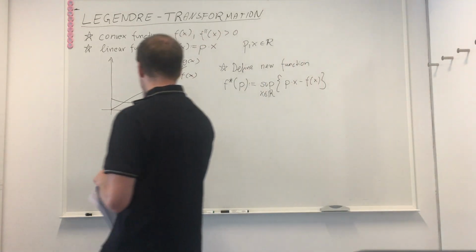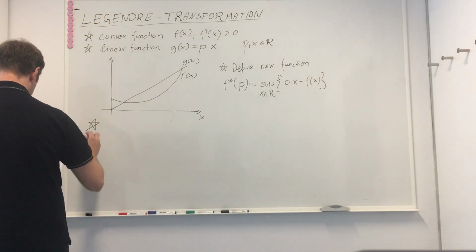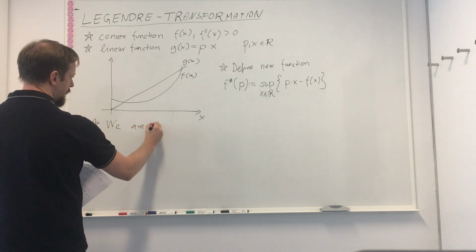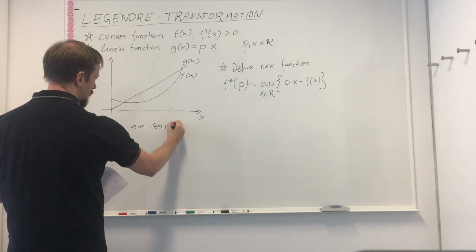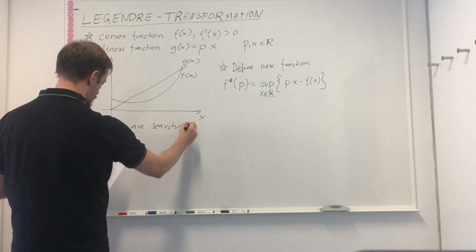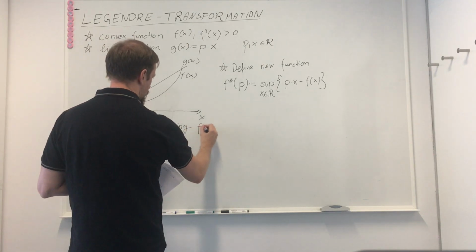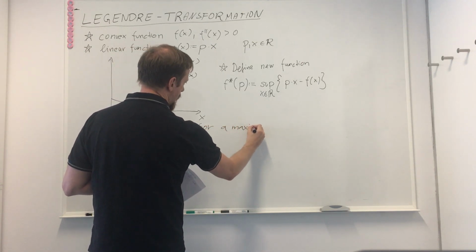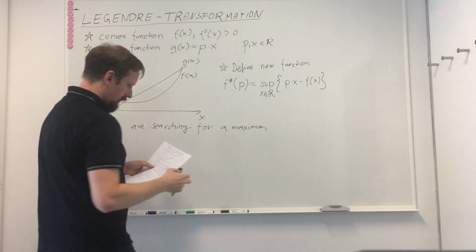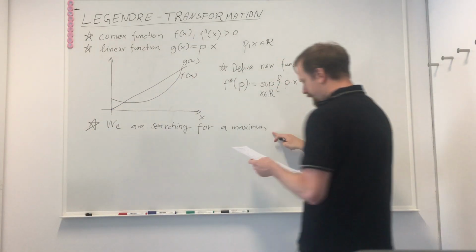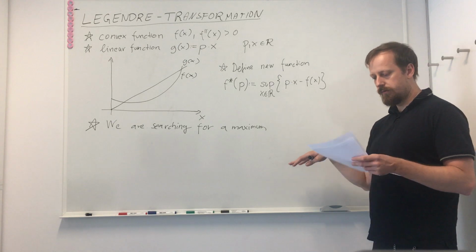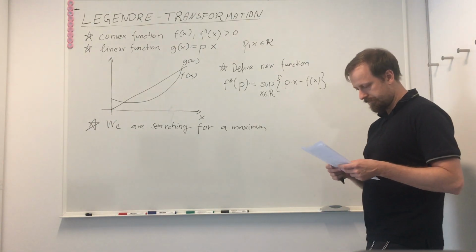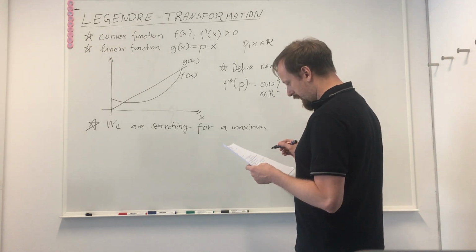So let's write down what we are searching for. We are searching for a maximum or an upper boundary, but I will not write it here because I assume that a maximum exists.